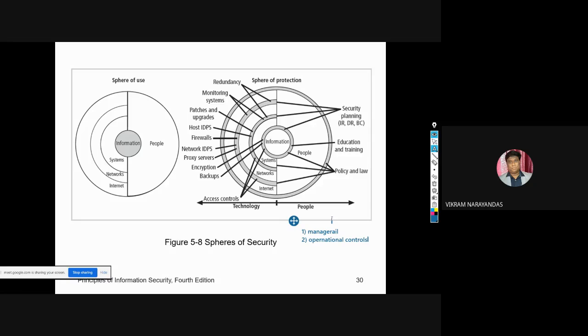It also addresses personnel security, physical security, and protection of production inputs and outputs.